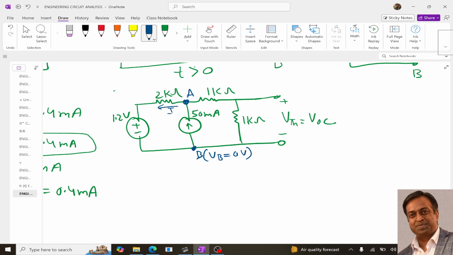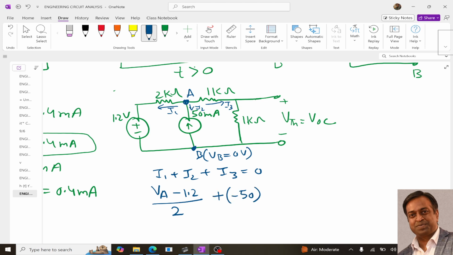Let this be I1, let this be I2, let this be I3. So I1 plus I2 plus I3 is equal to 0. Now I1 will be (VA minus 1.2) upon 2. I2 is minus 50. And I3 is VA upon (1 plus 1), equal to 0.